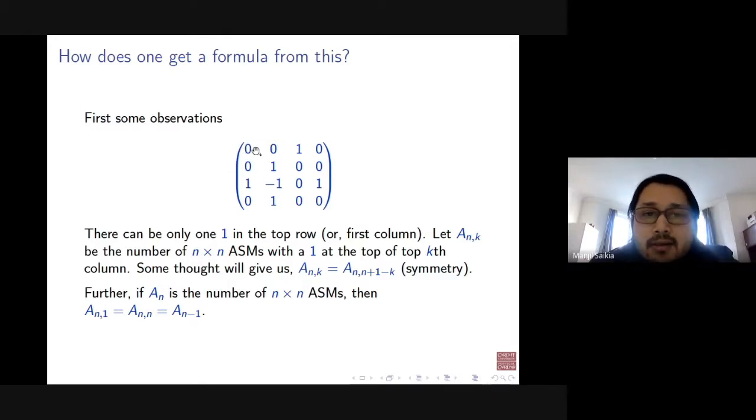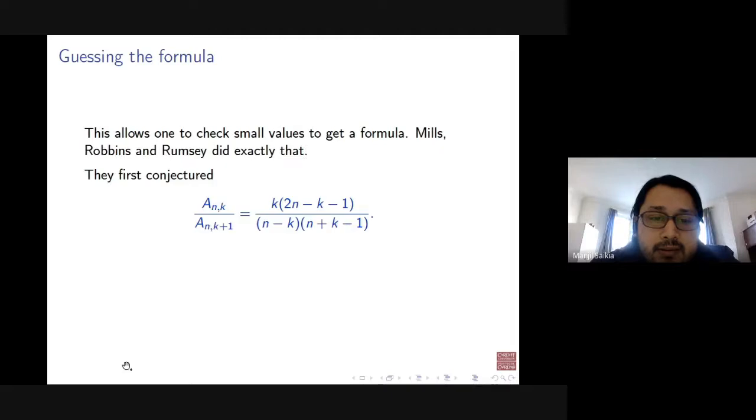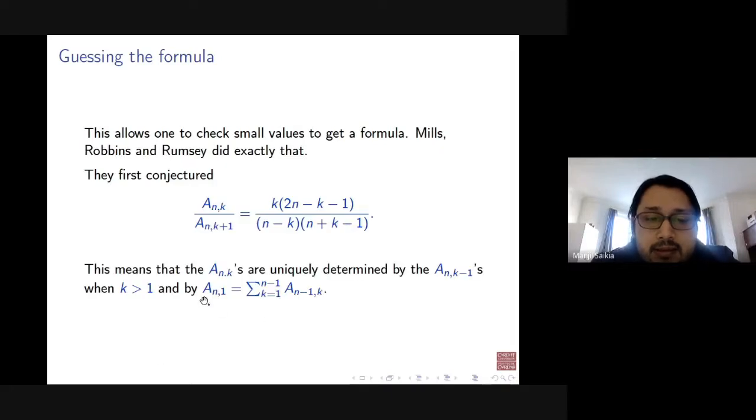You take k equal to 1, 2, 3, and so on. And if you sum over that, then you just get A n. This is basically what is written here, but I write this for A n minus 1. You can notice from here that these A n k's are uniquely determined by the A n k minus 1's. And from here, using this summation, you can write down the formula.